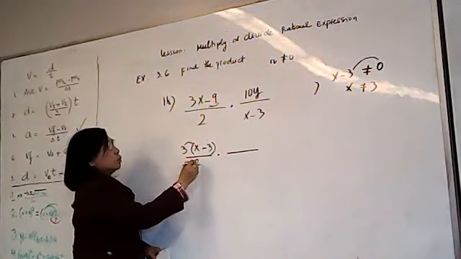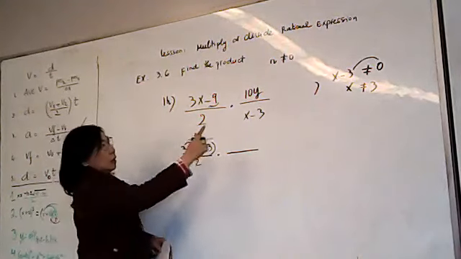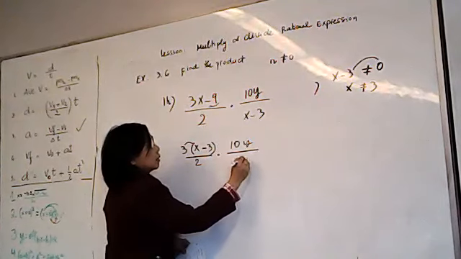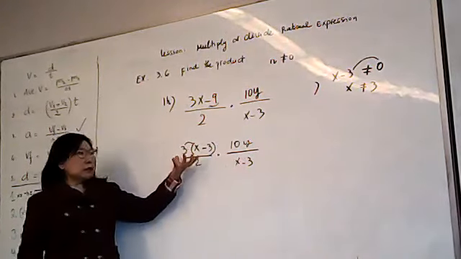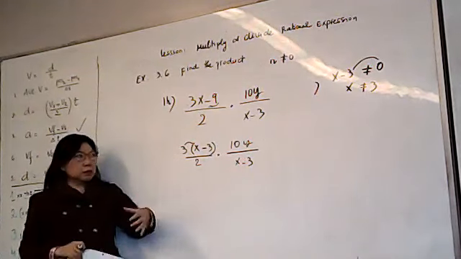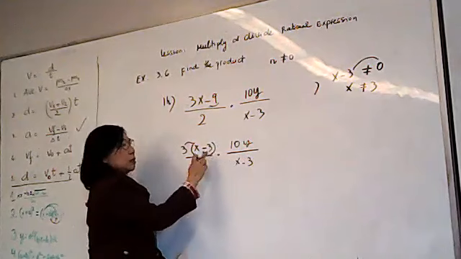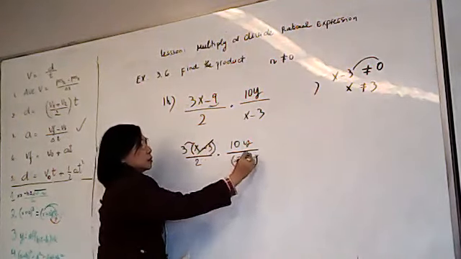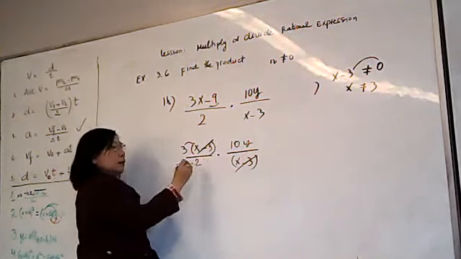Now down here, 2 is still 2. Up here, I have 10y. Down here, I have x minus 3. Now, when you factor, they're in brackets, right? Can you cancel? Yeah. You can cancel down here and up here, right? You can bracket this one, and cancel this. Now, 10, you can divide by 2.